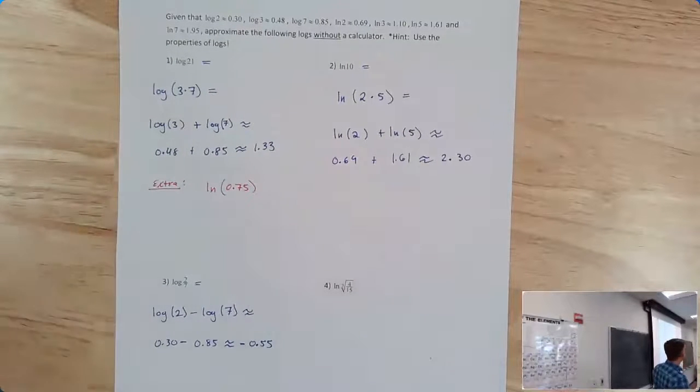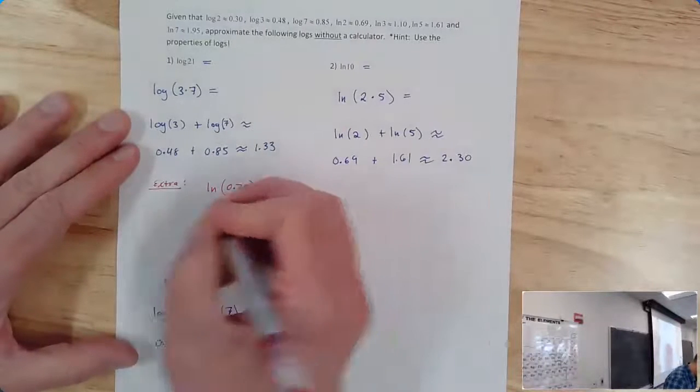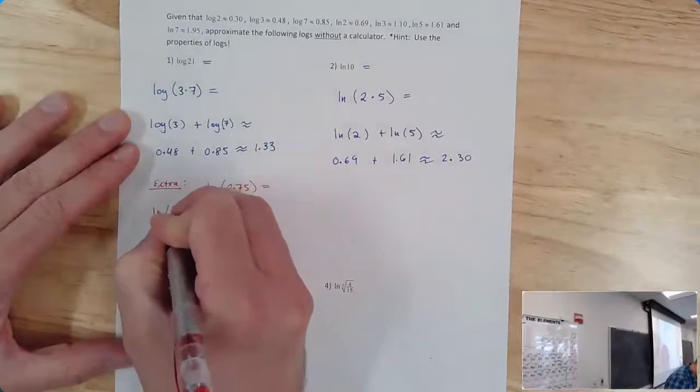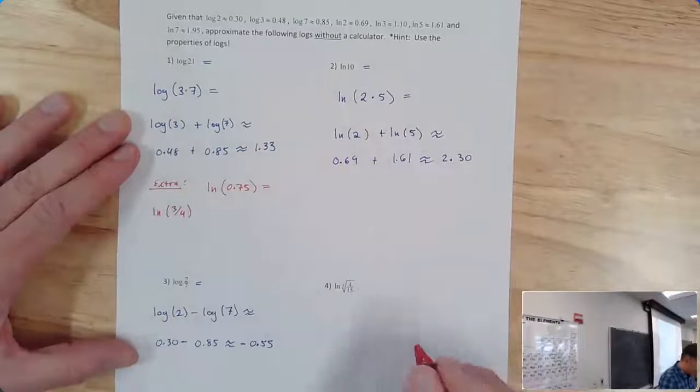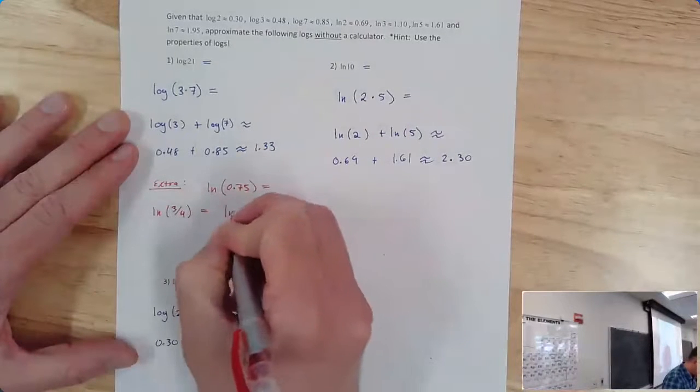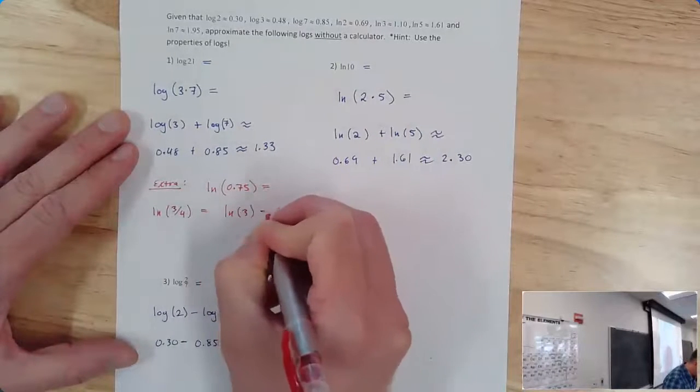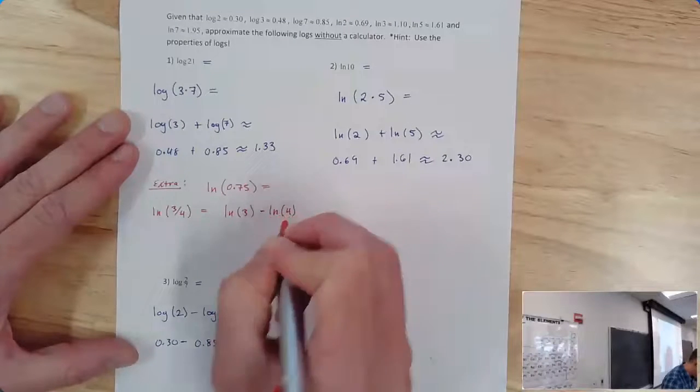So the idea here is that if you're given a logarithm of a decimal and you're given all these other logarithms of non-decimals, you rewrite that decimal as a fraction. So how can we write 0.75 as a fraction? Right, exactly. So I've got the natural log of 3/4, and then I can break that up as the natural log of 3 minus the natural log of 4.